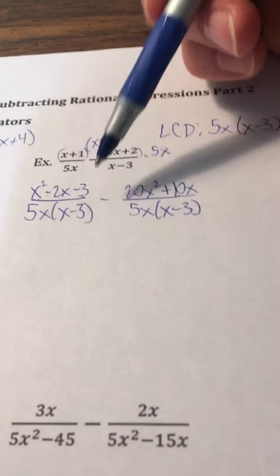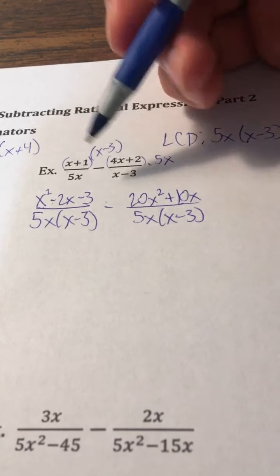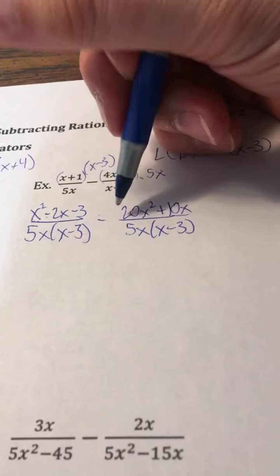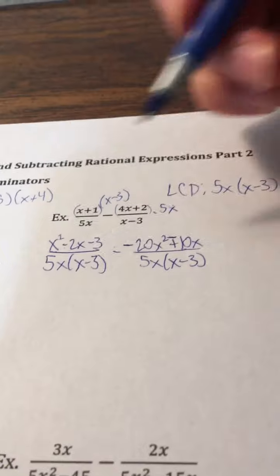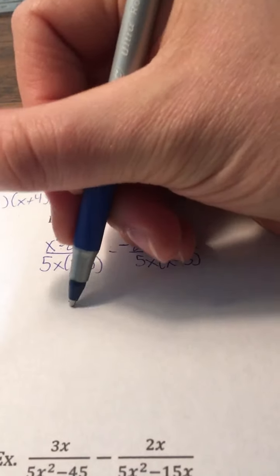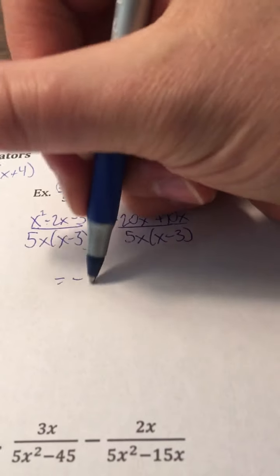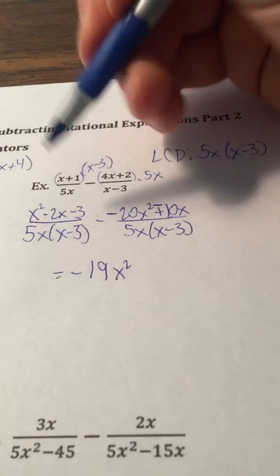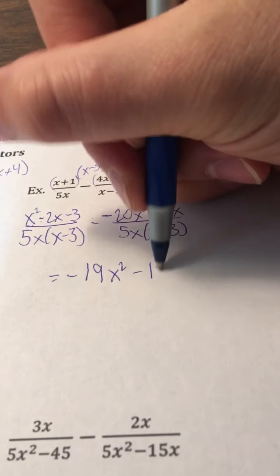We can work out the top. But remember, this one's subtraction. So what's that mean for this stuff over here? It means I'm subtracting each of these away. I'm subtracting 20x squared. I'm subtracting 10x. So when I work this out, my answer, I've got x squared minus 20x squared, going to give me negative 19x squared. I have negative 2x minus 10x, going to be negative 12x.